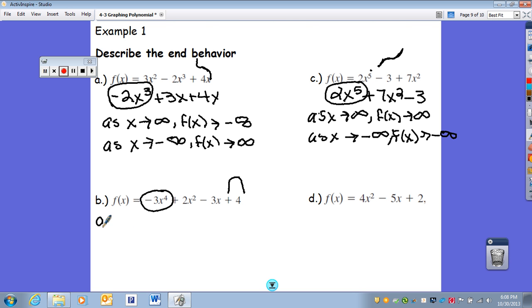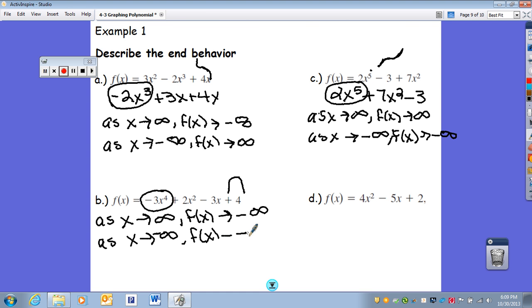So as our x value approaches positive infinity, our f of x or our y value is going to approach negative infinity. And then as our x value approaches negative infinity, we also notice that our f of x is going to approach negative infinity.